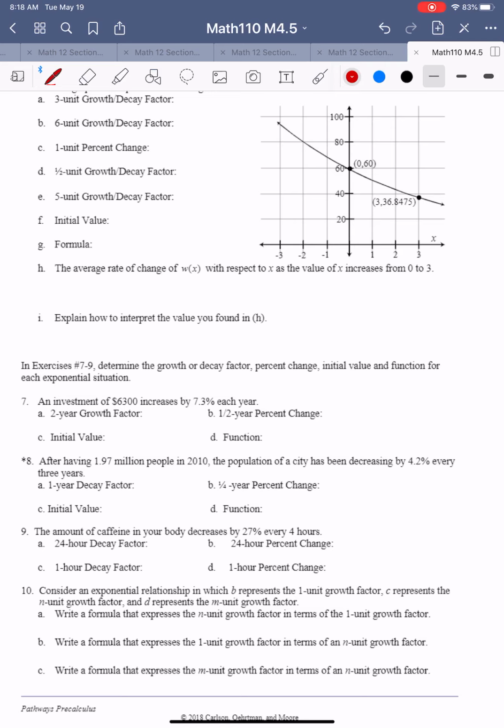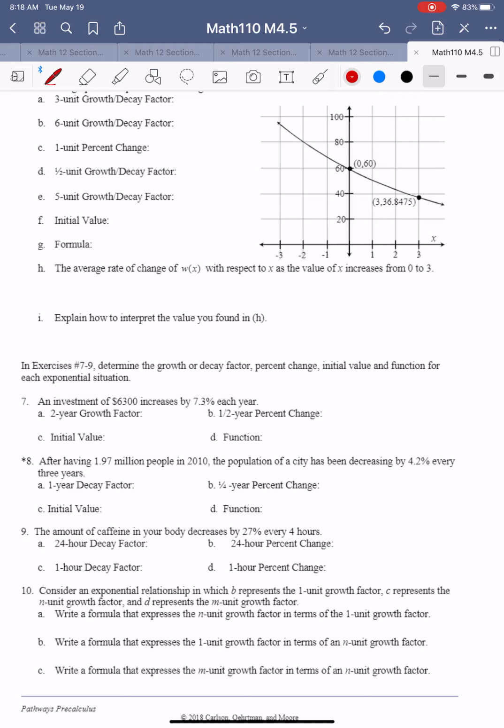So determine the growth and decay factor, percent change in initial value, and the function for each exponential situation, number 8. After having 1.97 million people in 2010, the population of the city has been decreasing by 4.2% every 3 years.